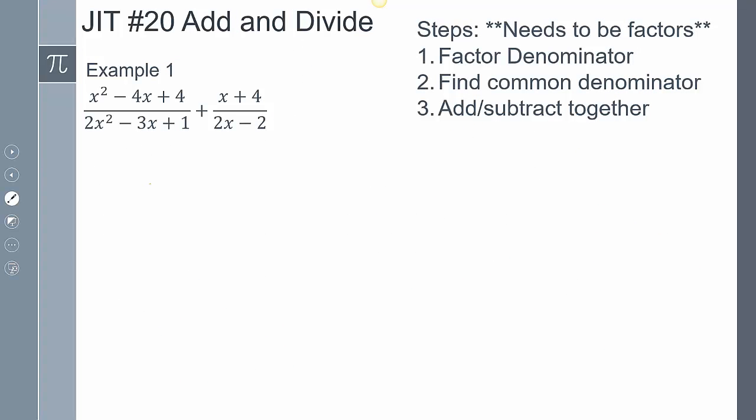Now when we're adding and subtracting, there's some steps that we have to keep in line, and I wrote these steps out to help us just a little bit. First, we need to factor the denominator. Then we need to find the common denominator, and then we can add and subtract everything together. To be able to add and subtract fractions, they have to have a common ratio, meaning if we're talking about 1/5, we have to talk about 1/5.